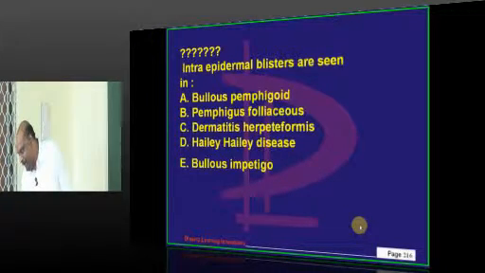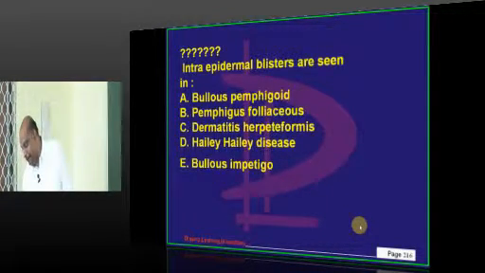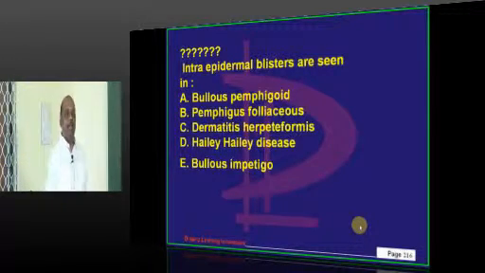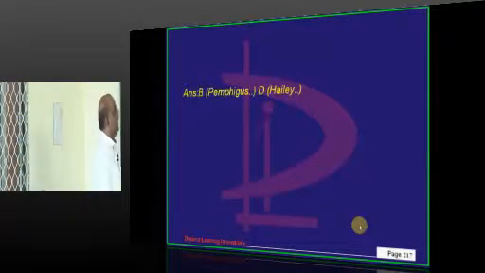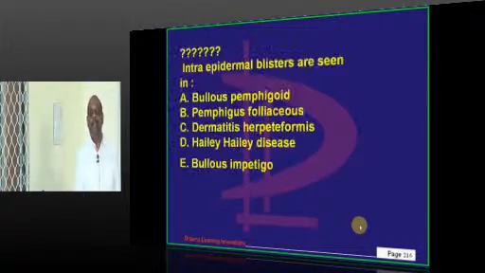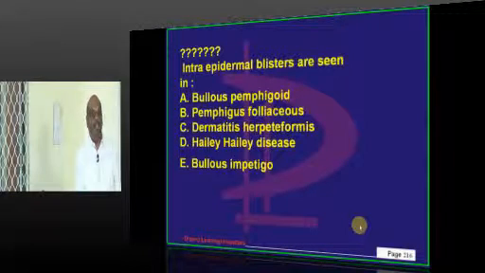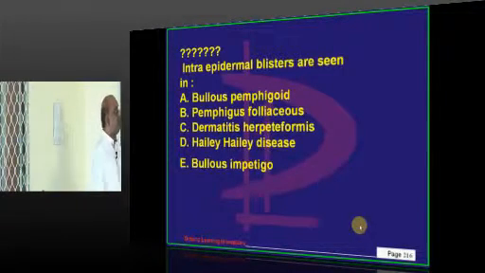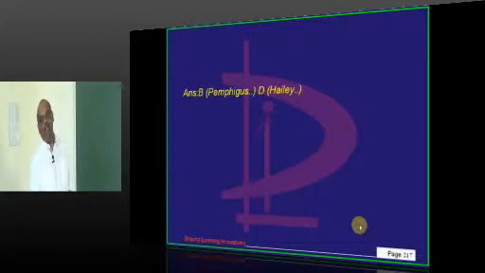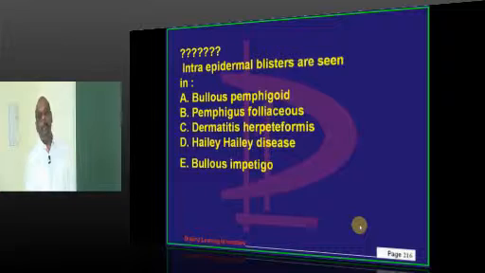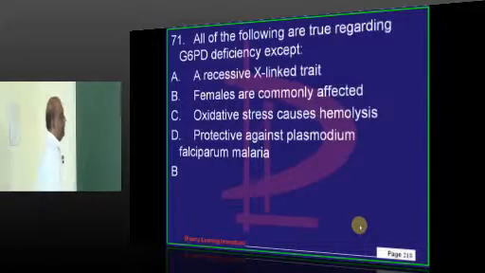Tirupati says B, Anuja proposes B, Shiva says B and E. Secunderabad, Manavi, Vizag, Manu, everyone says B, but only Manu says BE. Two answers. Yes, doctor. B and D. Nobody had an eye on D. So pemphigus foliaceus and Hailey-Hailey are the ones in which you find intraepidermal blisters.